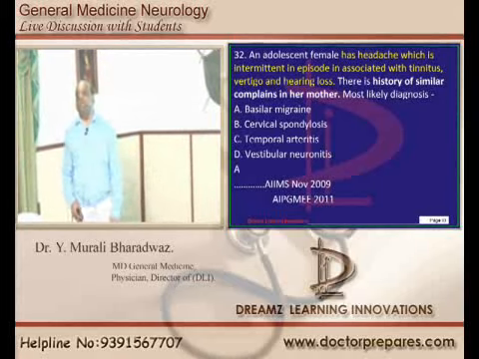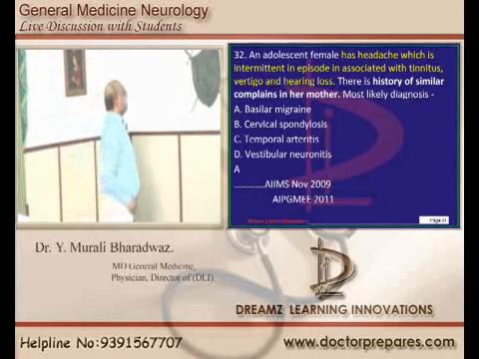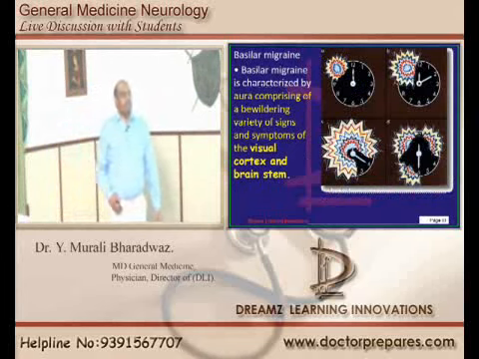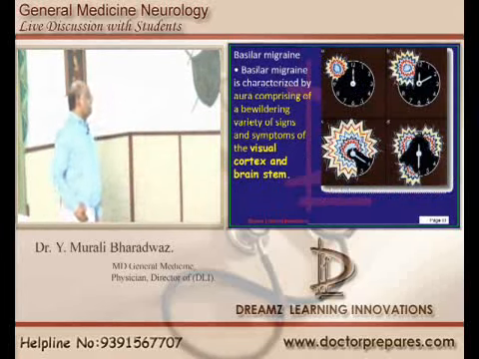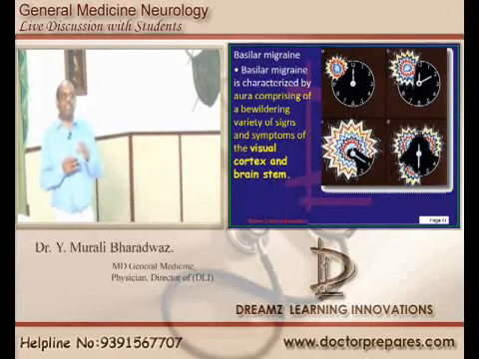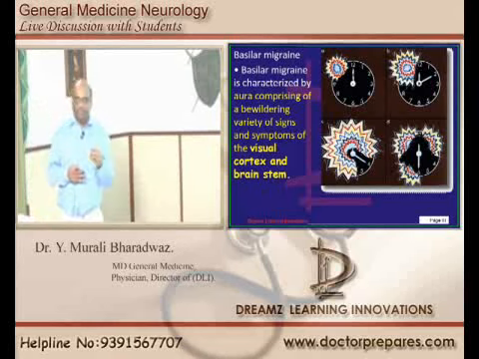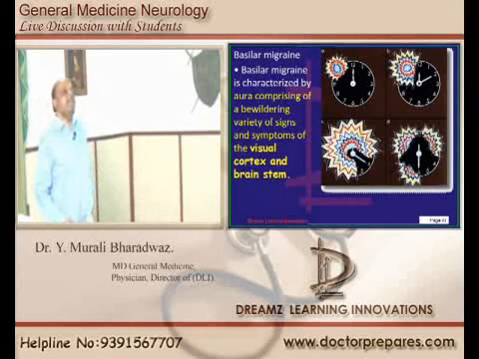Then what is the most likely possibility with such a family history? Typically it is basilar migraine, where the visual cortex and brain stem will suffer an ischemic insult due to basilar artery insufficiency, and that leads to a migraine-like presentation.